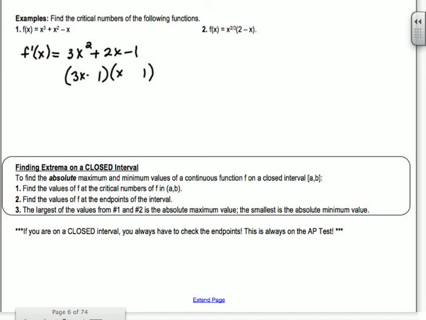Yeah, it factors. I'm trying to find when it's equal to 0. So I'd have 3x minus 1 equals 0 or x plus 1 equals 0. So my critical numbers would be 1/3 and -1.